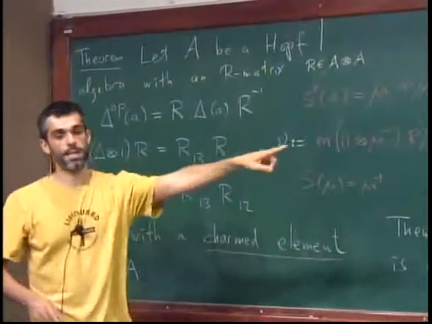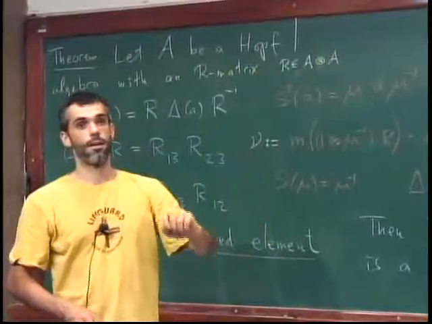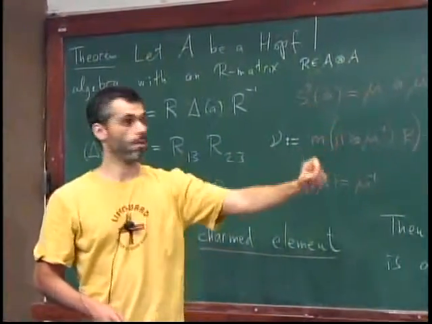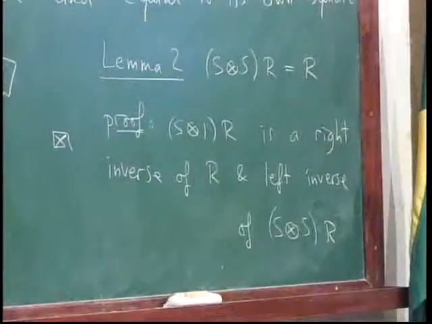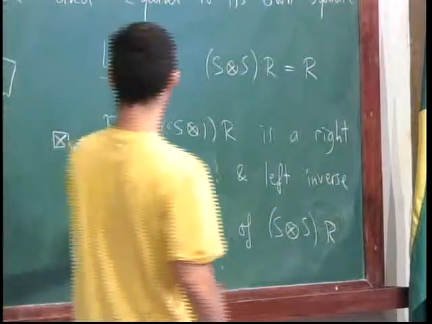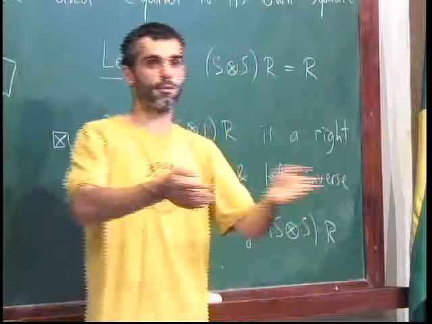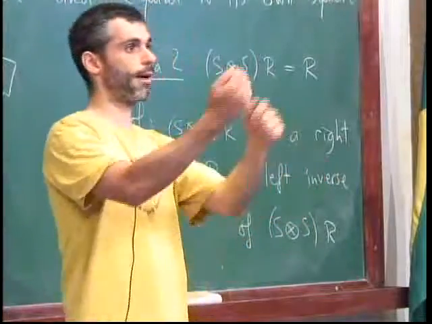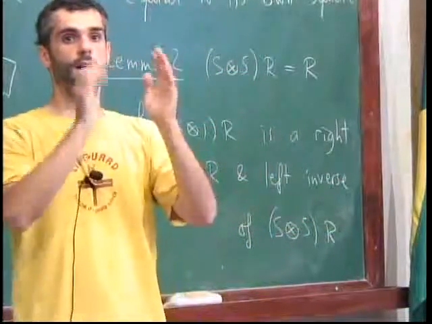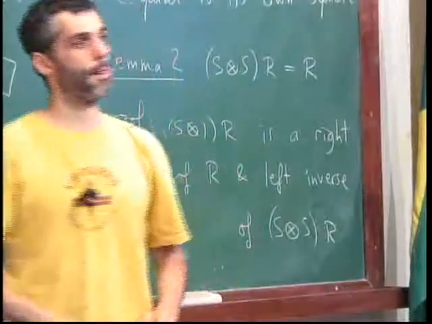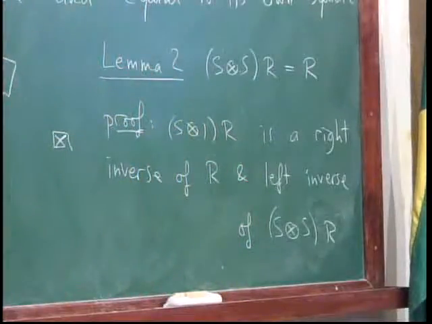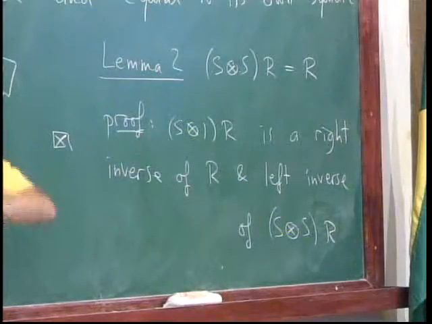Then you can use this lemma too to prove that R is invertible. Because, well, here, I'm constructing a right inverse, and that right inverse has a right inverse, and then it's a standard algebra trick to say that if you have a right inverse and that right inverse has a right inverse, the element is invertible. So invertibility of R is not strictly needed as an axiom.